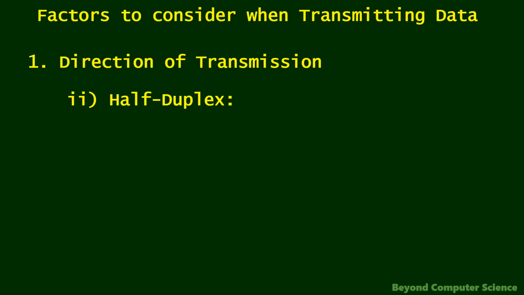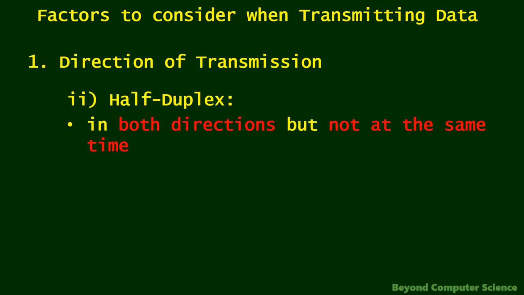The second one is half duplex transmission. What happens in half duplex transmission? It can happen in both directions but not at the same time. For example, the sender can send data and the receiver receives data. But when the sender is sending the data, it cannot receive.